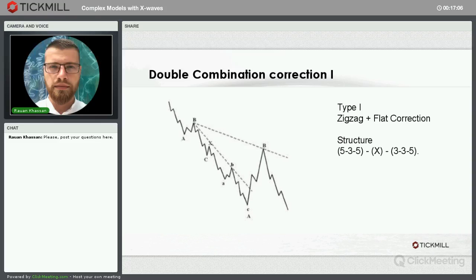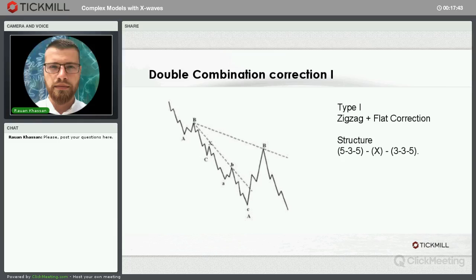Moving further, we have combinations. There are 4 different types of double combination corrections, and as you will see soon, all of them are formed from the basic correction models which we learned last week. So the first type is a combination of zigzag and flat correction.